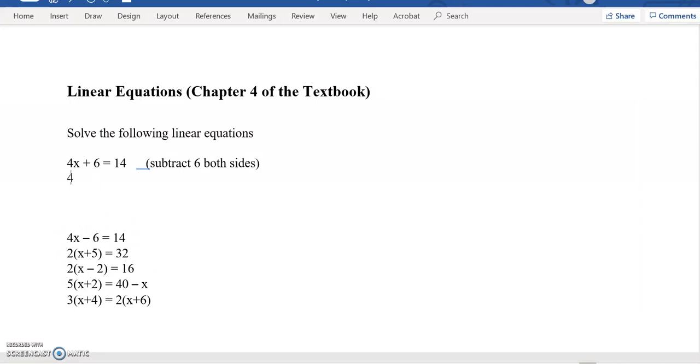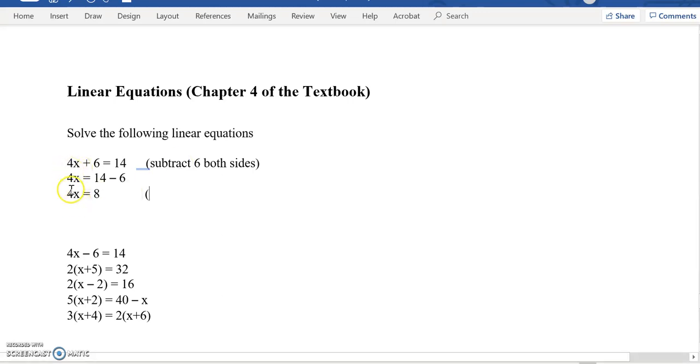So that's going to be 4x. Now 4x plus 6 minus 6 just stays as 4x, and it's going to equal 14 minus 6. So we can work that out: 4x equals 8. Here we're going to get x by itself. We've got 4 times x.